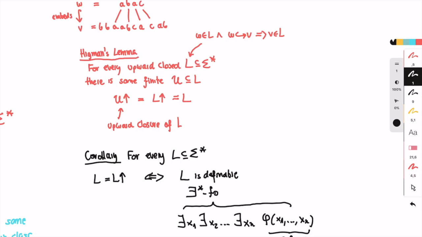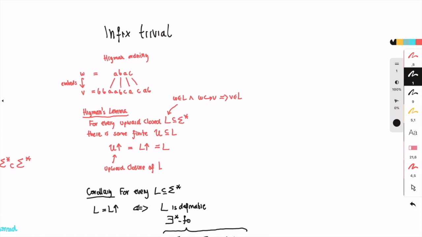So it turns out that if a language is upward closed, then it's actually already regular. In fact, a very simple form of regular. Now, these upward closed languages are going to play an important role in our characterization of infix trivial languages.